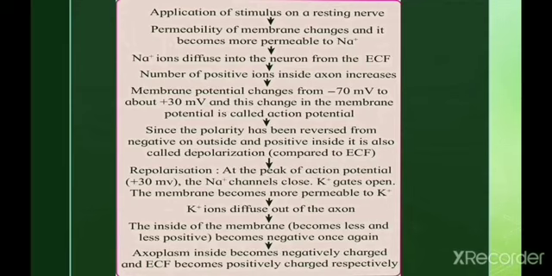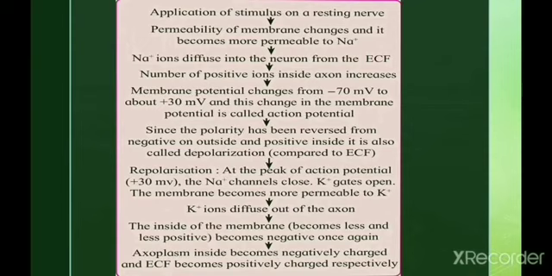At the peak of action potential, plus 30 millivolt, we already have studied about this. Now, when there is this kind of polarity, the sodium ion channels close, potassium ion gates open, and the membrane becomes more permeable to potassium ion. Potassium ions now diffuse out of the axon.